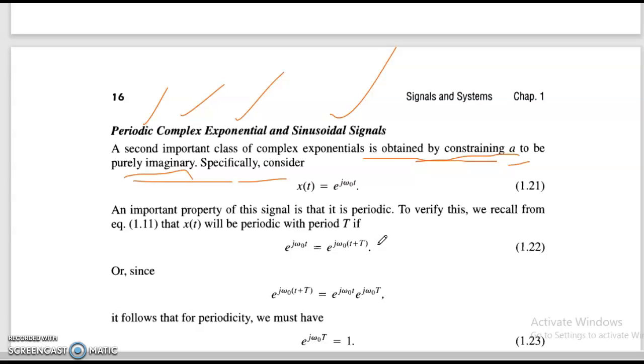Specifically, consider x(t) equal to e^(j omega naught t).